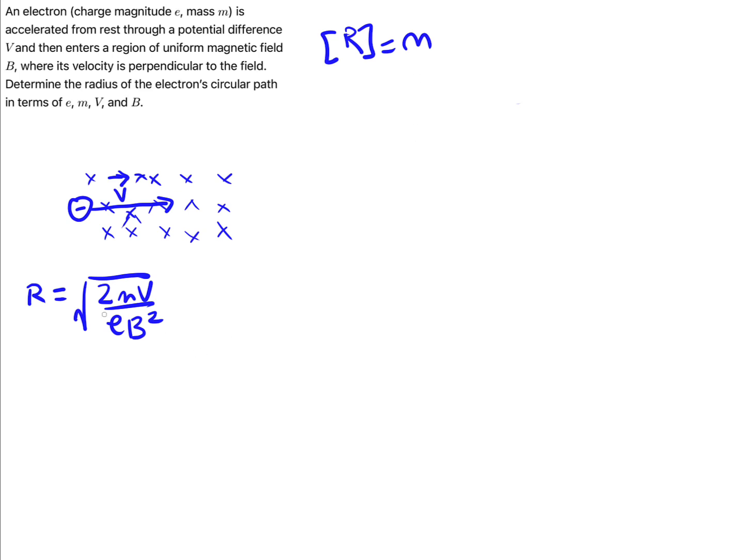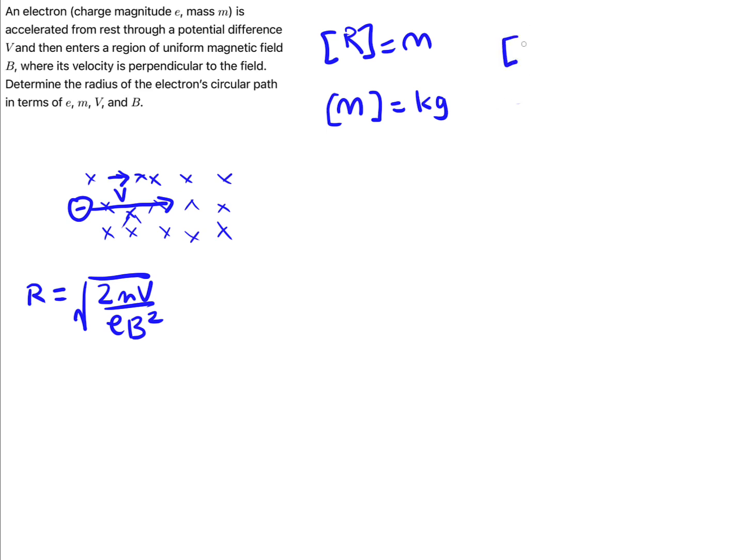And let's figure out what the right hand side is. Let's start by finding the units of all of these values here. So m has the units of kilograms because it's a mass.